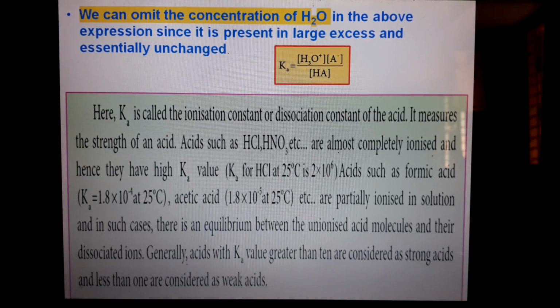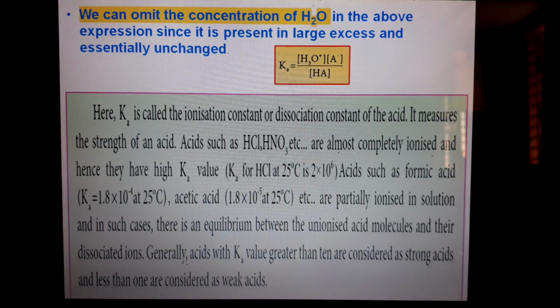The values are already given at 25 degrees centigrade: 2 into 10 to the power of 6 for inorganic acid. Formic acid is 1.8 into 10 to the power of minus 4 at 25 degrees centigrade. Acetic acid is 1.8 into 10 to the power of minus 5. That is, formic acid minus 4 and acetic acid minus 5.